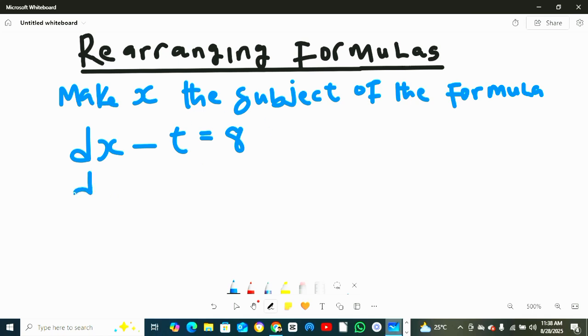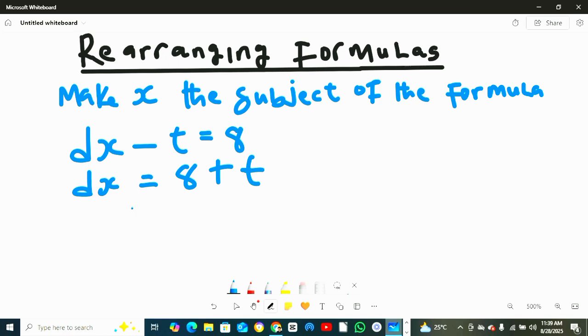So we have dx equals 8 plus t. When you move it from here to the other side, it becomes a positive t. So you have dx equals 8 plus t. We're still going to make x the subject of the formula. Because dx means d times x, we have to introduce the opposite of multiplication, which is division.